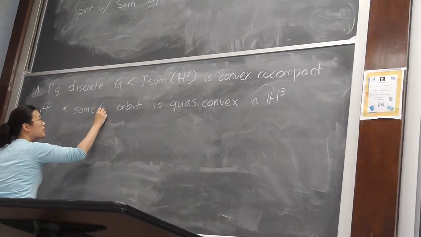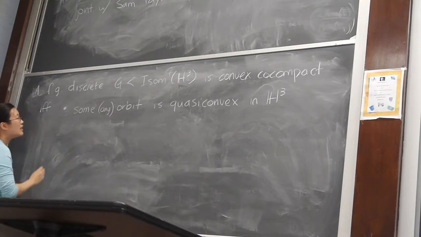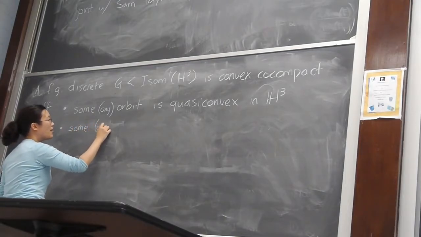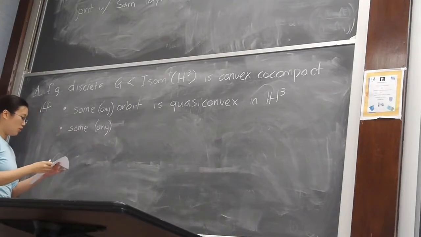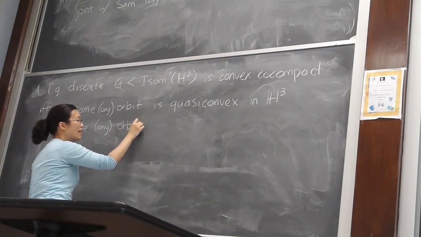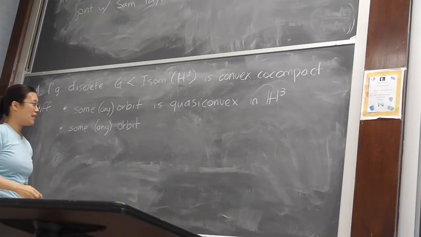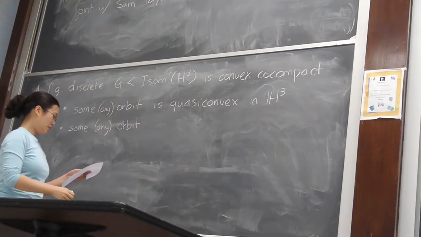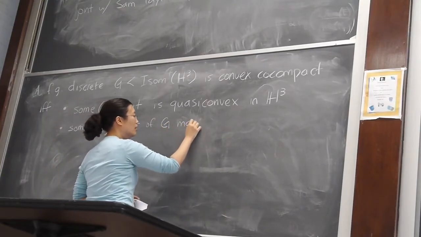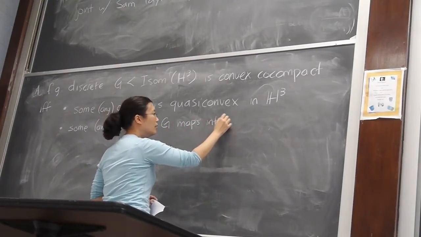And you can do it with one, you can do it with any, so make that a double statement. Equivalently, you can require that some or any orbit, and this time let's think about the way that the orbit maps into the space.